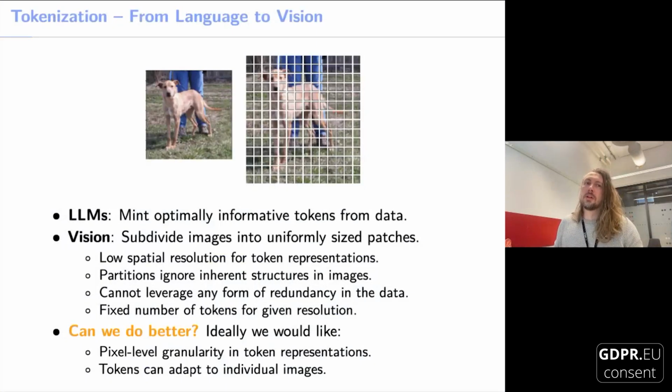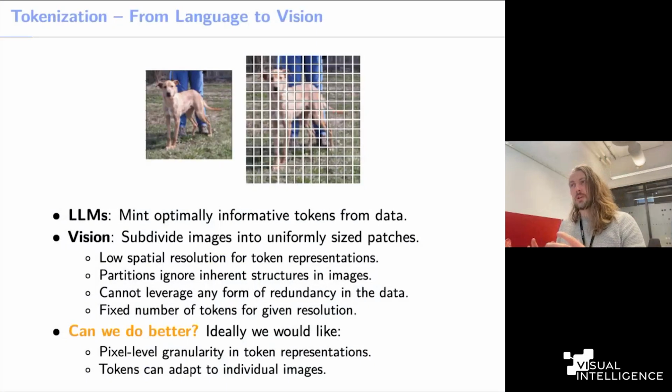First we're going to talk a little bit about what tokenization is and why it has a specific role in transformer models. Typically, transformers were originally developed for language, and there the tokenization process is a way of finding optimal ways to represent strings of text.